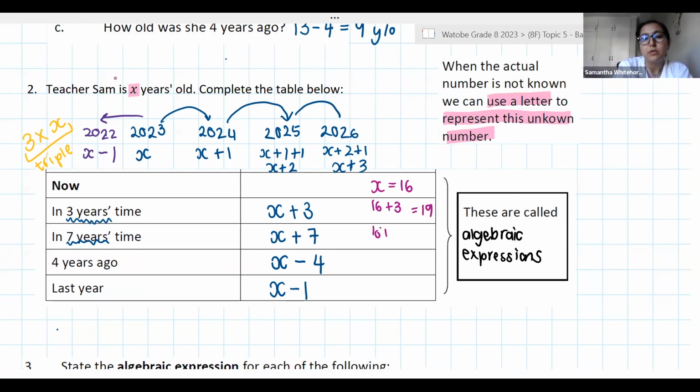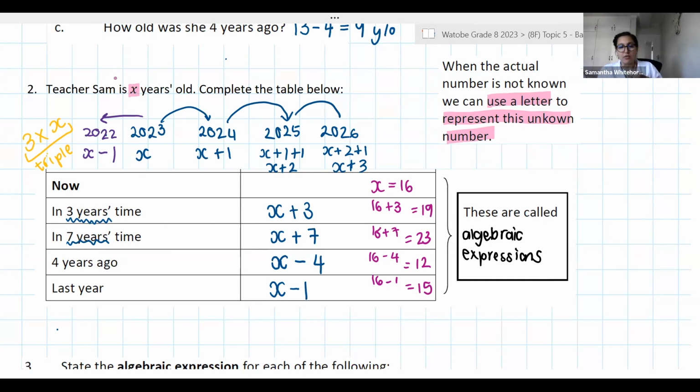My age in 7 years' time, I'd be 23. My age 4 years ago, I was 12. My age last year, I was 15. And so these algebraic expressions allow me to have some mathematical sentence almost that I could substitute in a value and work out whatever it is I want to work out.